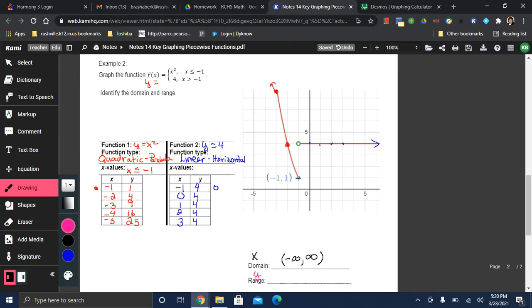So we actually have a lowest point, and it's not negative infinity. In fact, remember, you want to look at the y values. So the lowest y value is this 1, and with the solid dot, it's included. So we want to use a bracket and use the 1.